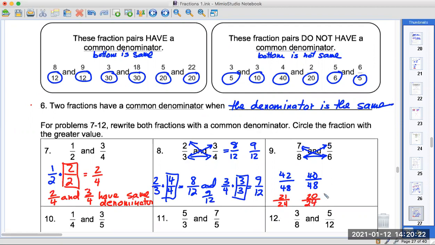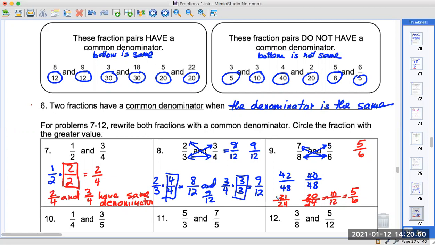This one can be reduced again. 10 over 12, still even numbers. I keep dividing by 2, 5 over 6. This one can be divided by 3.